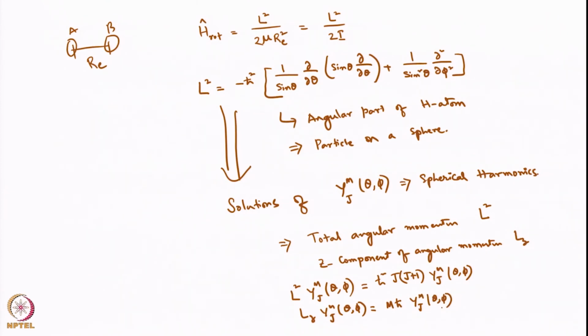Okay. Now, let me quickly write once more. Essentially your Y_jm(theta, phi) are eigenfunctions of the operator L square, which will give you the eigenvalue h bar square j(j+1), and the Lz operator also has Y_jm(theta, phi) as eigenfunctions, which will give you m h bar.